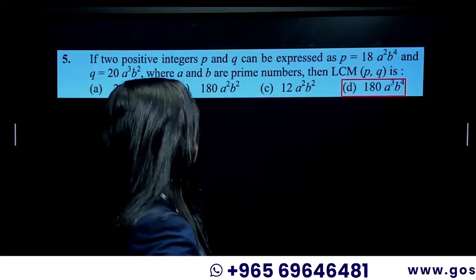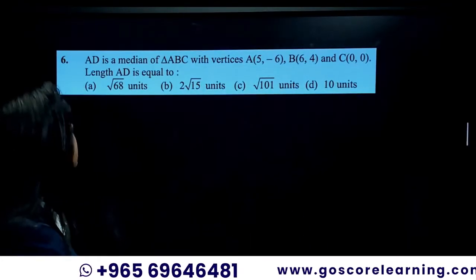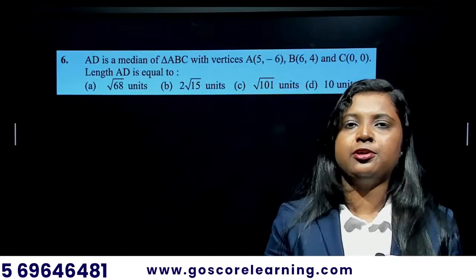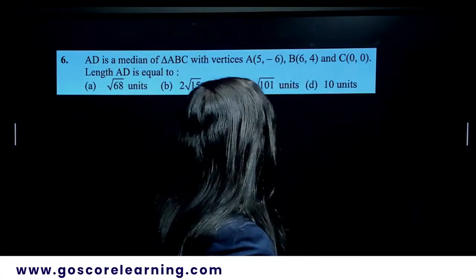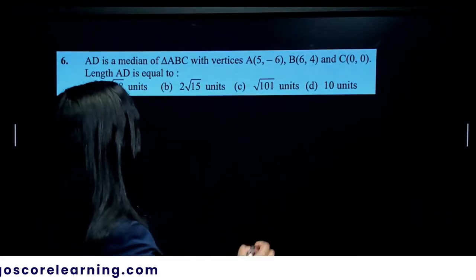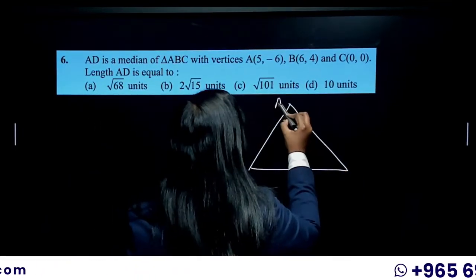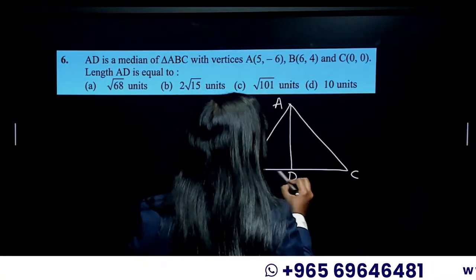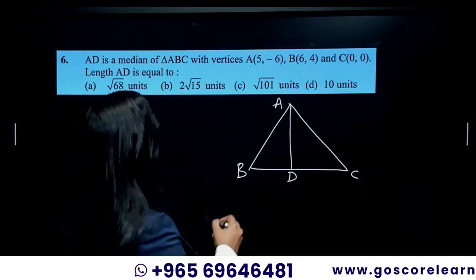Okay, moving to the next question. AD is the median of triangle ABC. I think this chapter is a nightmare for many of you. I don't know, simply saying. So AD is the median of triangle ABC. Median means you have the triangle ABC here, and AD is the median, so D will be the midpoint of BC.